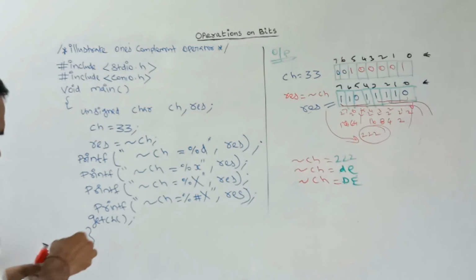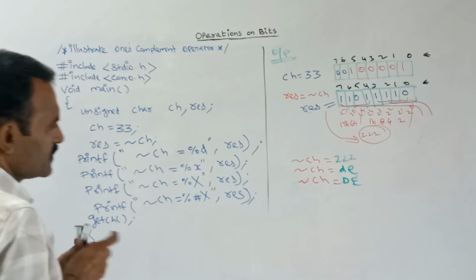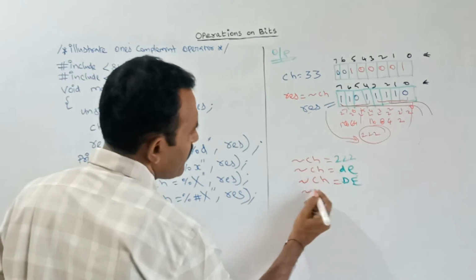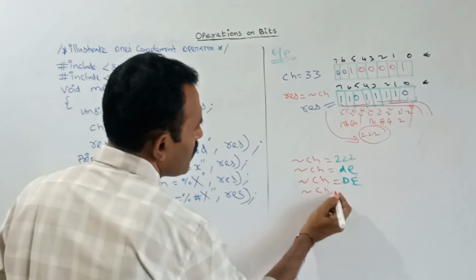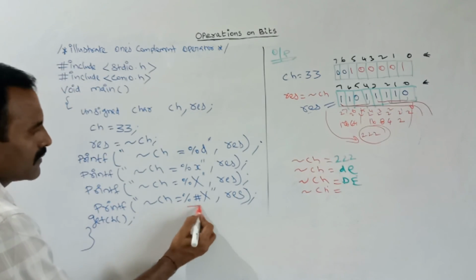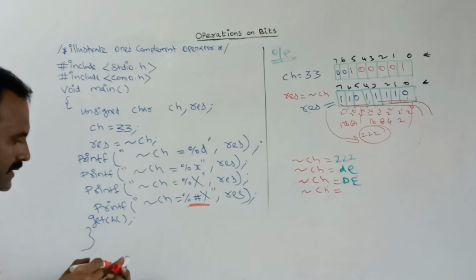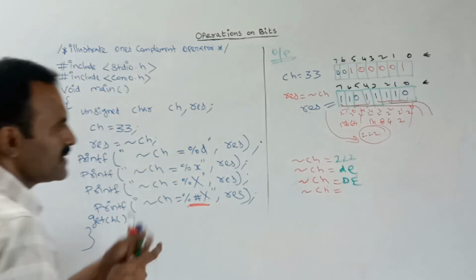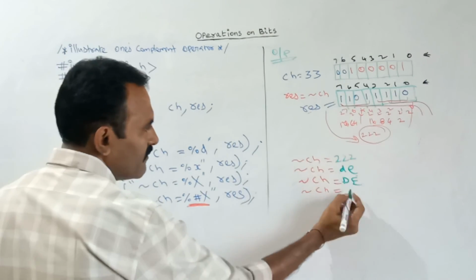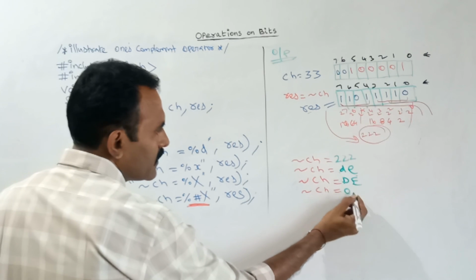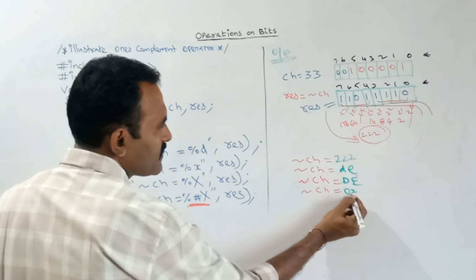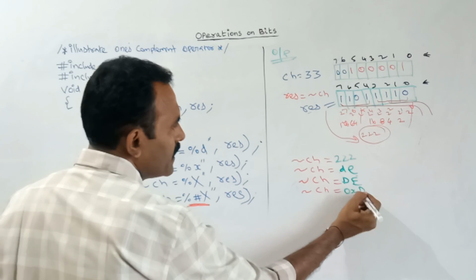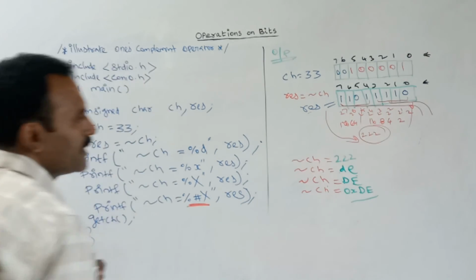Next to the 1's complement of CH, we are using the percentage, number symbol and X. This percentage number symbol is used to print 0x in front of the hexadecimal value. After that, DE will be printed like this.